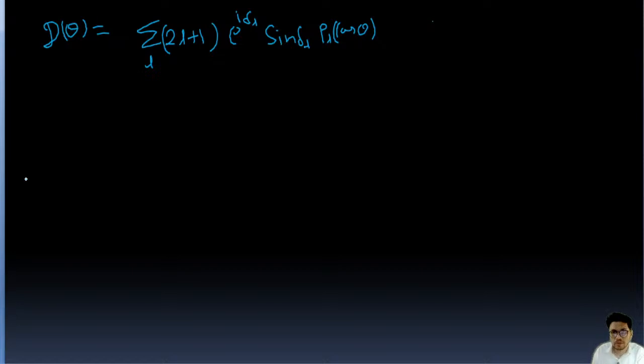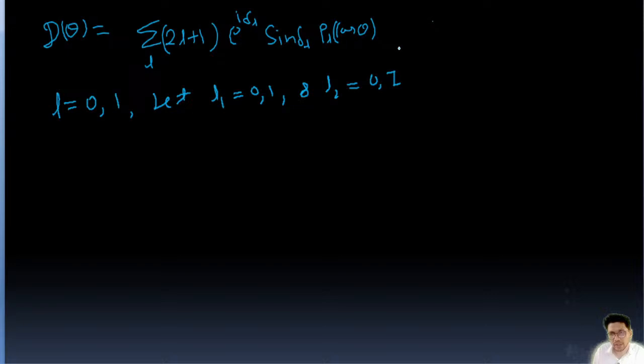So for L equal to 0 and 1, right, so that we can say L1 equal to 0 comma 1 and L2 equal to 0 comma 1, okay, for L equal to 0, 1, right.